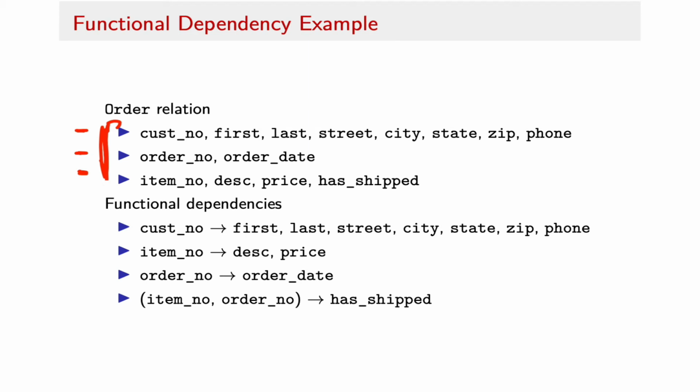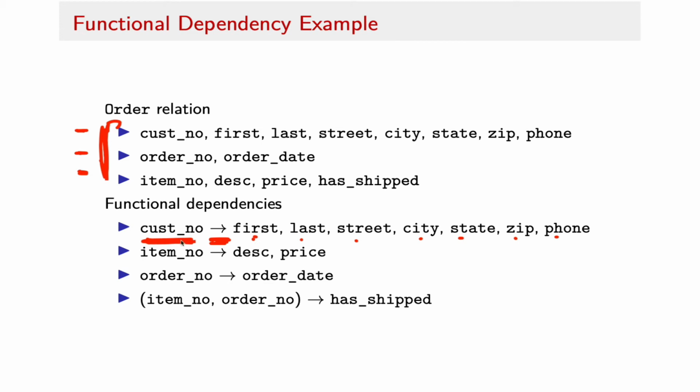But if we think through what the functional dependencies are here, I've listed the first three, which are apparent. Customer number functionally determines the customer's first name, last name, street address, city, state, zip, and phone number. If anywhere in the order relation I see a particular customer number, I will expect that the values for the first name, last name, and other customer-specific details are the same given that customer number.